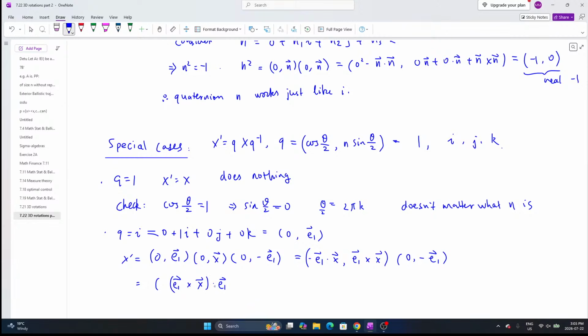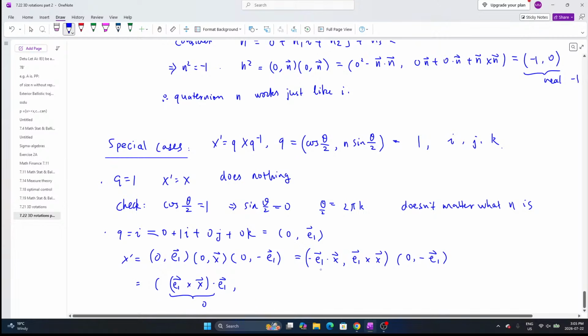That should be 0, a scalar triple product of vectors in which two vectors are the same. So this must be 0. The scalar is 0 as expected, which is nice. Always nice when things work out.